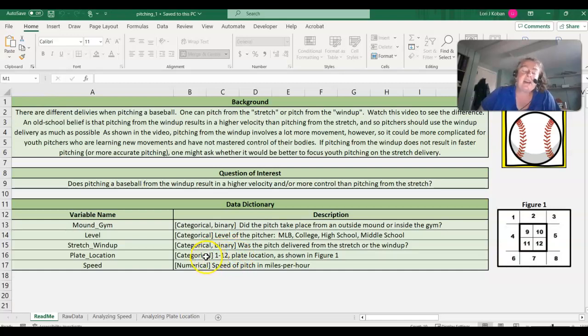But notice I have here categorical because I could have said 1, 2, 3, 4, 5, 6, 7, 8, 9, 10, 11, 12. What I'm labeling are categories of where the ball went when it was pitched in. And this is not a numerical scale like velocity would be, in that 45 miles an hour is 5 more than 40 miles an hour.